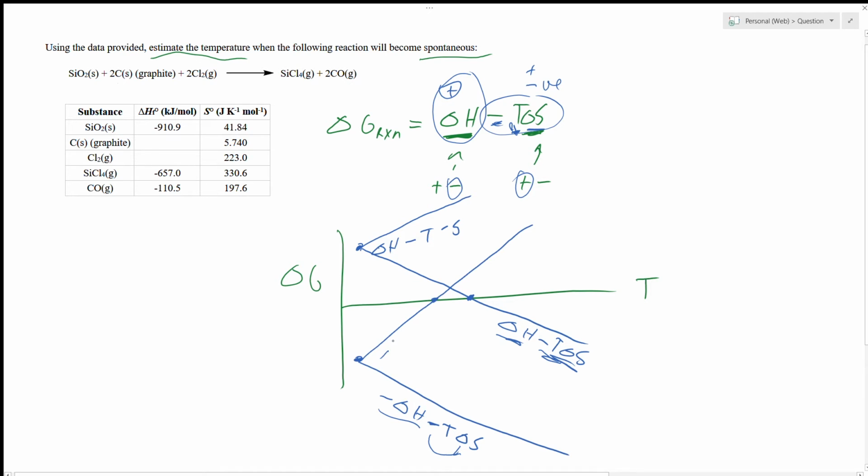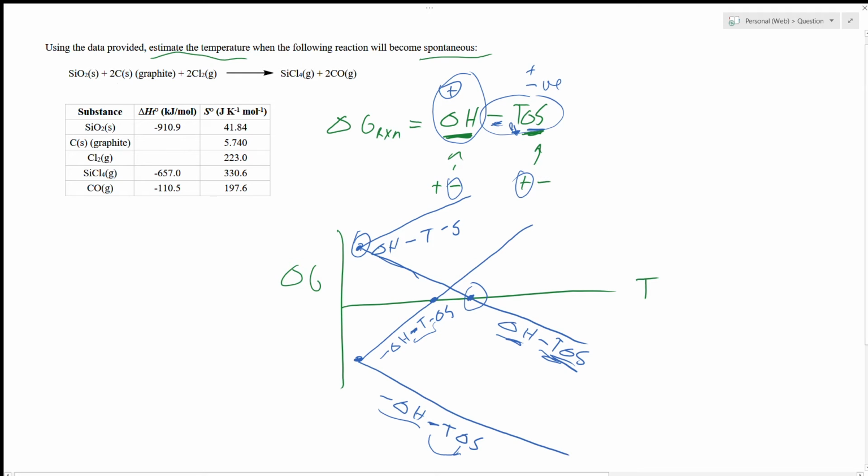So this is negative delta H minus T minus delta S. So that's the scenario there, because these two things will overwhelm it. So that means that this one will be spontaneous and become non-spontaneous. This other situation here will be non-spontaneous, and then there will be a temperature where it becomes spontaneous.